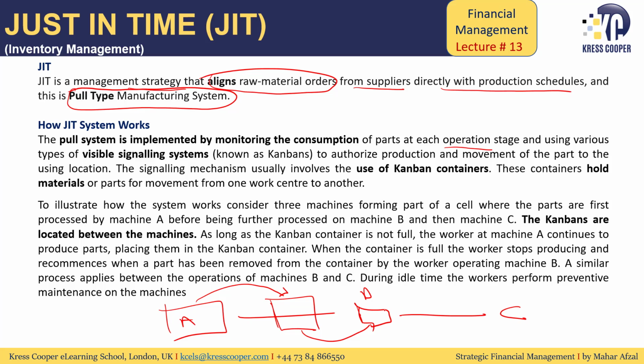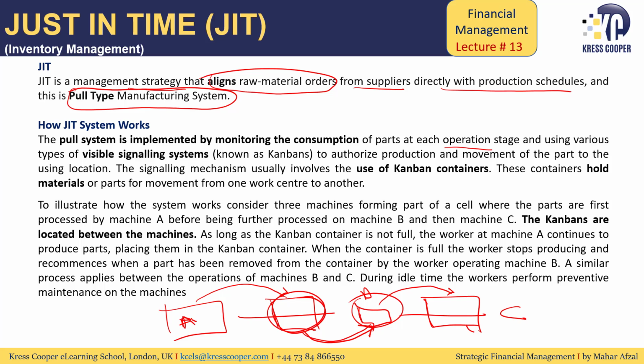Then there is a Kanban container between B and C as well. B will keep producing till this container is filled. Once the container is empty, B will start production again. In the same way, once the container is filled, A will stop production, and when the goods move from this container to the next stage, A will start production again.